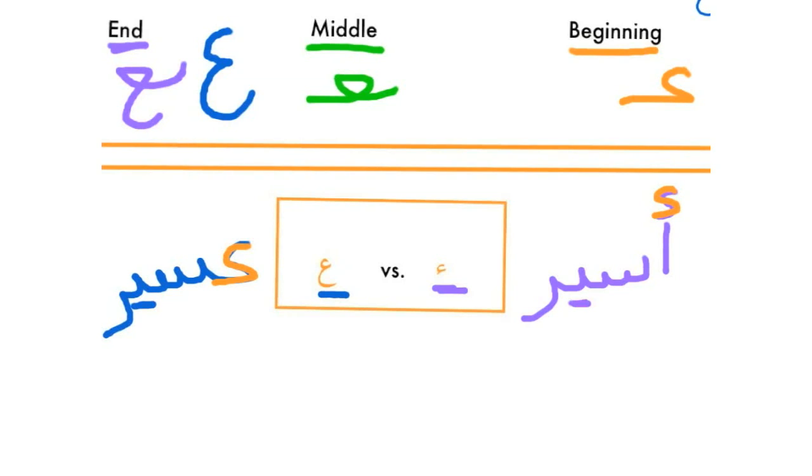The next example is the word Wa'ad with Hamza versus Wa'ad with Ain. Once again, Wa'ad versus Wa'ad. As you hear, Ain is much deeper in the throat than Hamza.